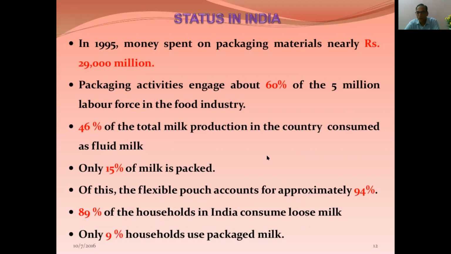Of this, flexible pouch accounts for approximately 94% of the milk packaging. जो 94% पैकेजिंग है वो प्लास्टिक पाउचेस में की जाती है, and 99% of the households in India consume loose milk. Only 9 to 10% households use packaged milk.